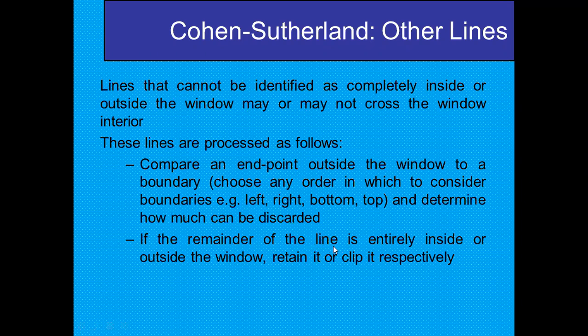Now, if the remainder of the line is entirely inside or outside the window, retain it or clip it respectively. Each portion we will first check with the help of left, right, bottom, top. We follow this sequence, check each line segment, and after that take the decision on which portion to clip.